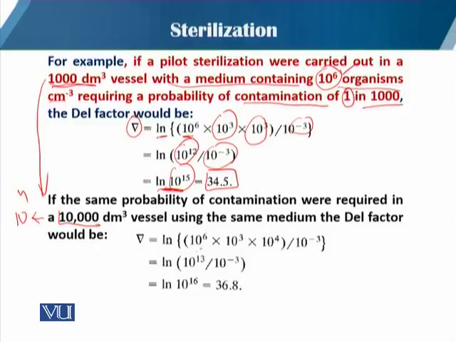The contaminants are the same; the only change is in the volume. Then 6, 3, 9 and 9 and 4, 13, and the answer is ln 10 raised to power 16. In this case, the del factor will be 36.8. So just by increasing the vessel size, there is an increase in the del factor from 34.5 to 36.8.